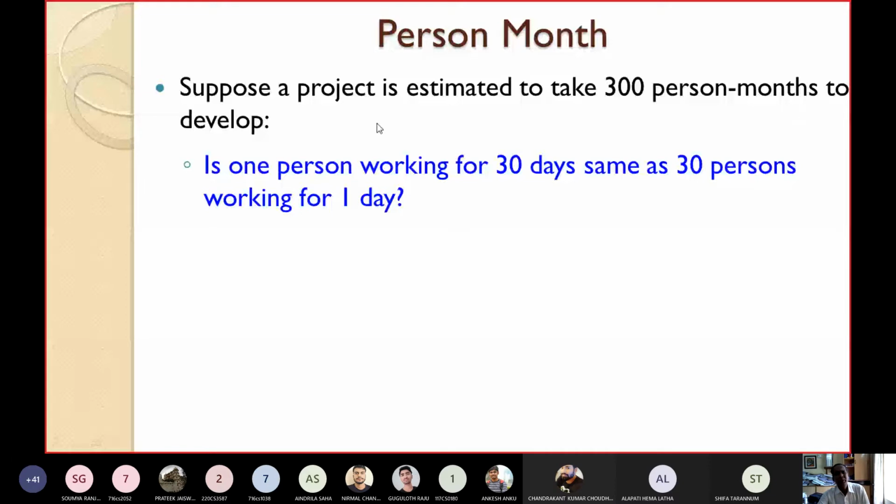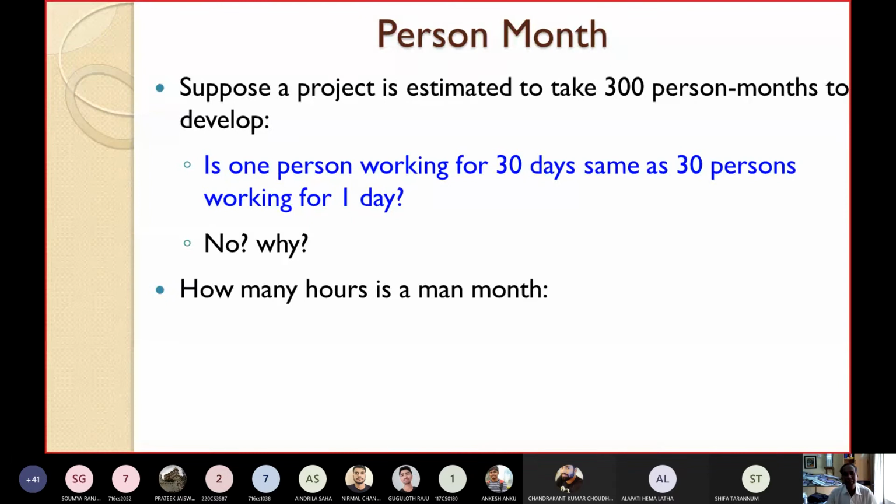Now the question is: is one person working for 30 days the same as 30 persons working for 1 day? Anybody can say? No, it is not the same. Why? Let's see.